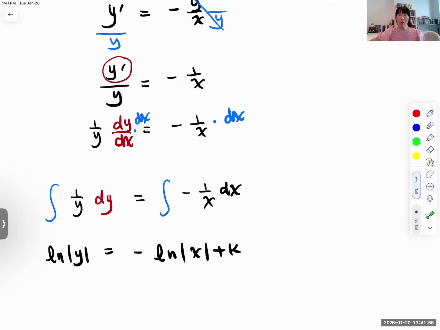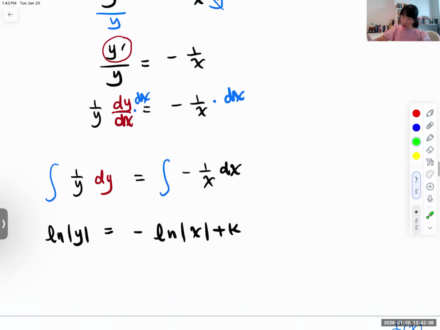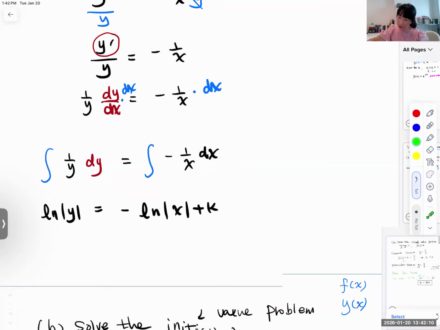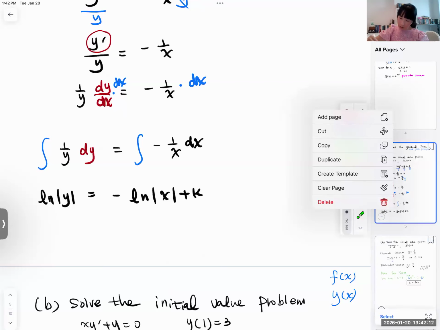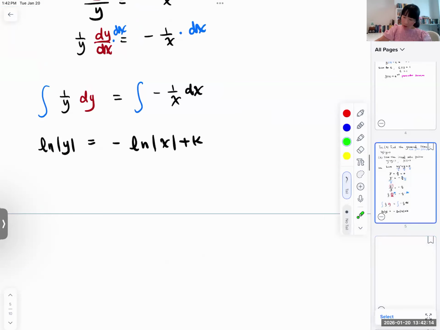Okay. All right. Now we had the experience of how to solve for y. We take the e to both sides. So take the e to both sides.